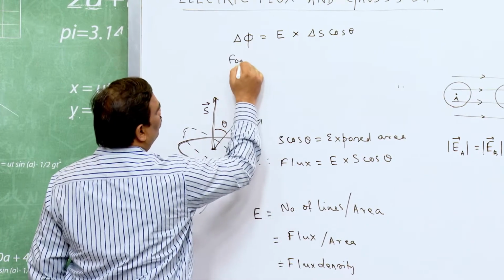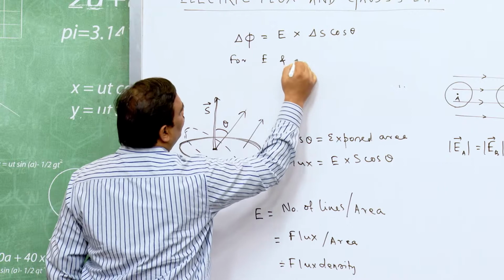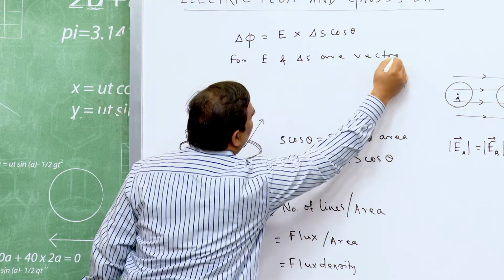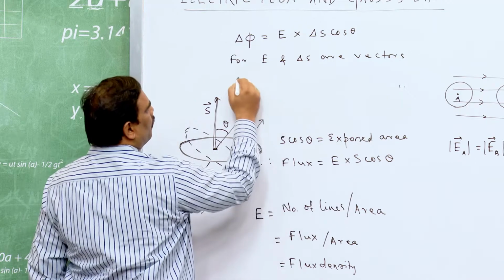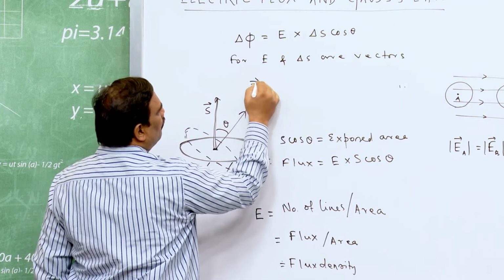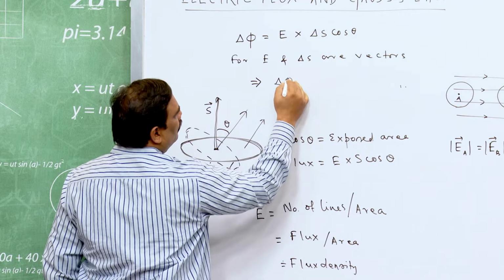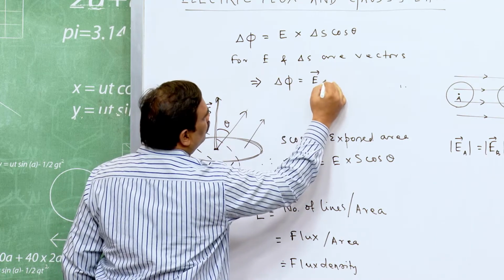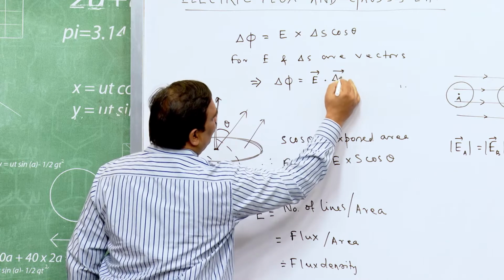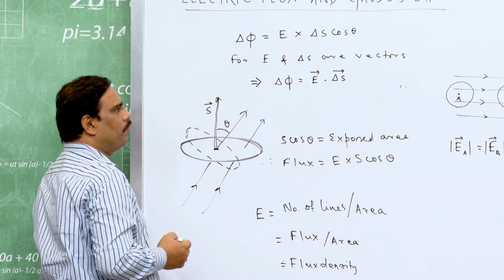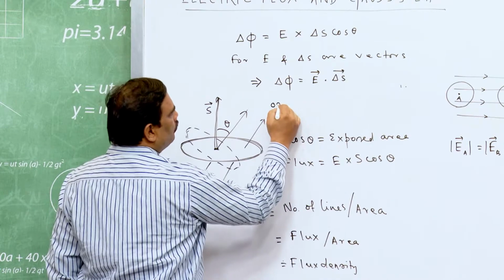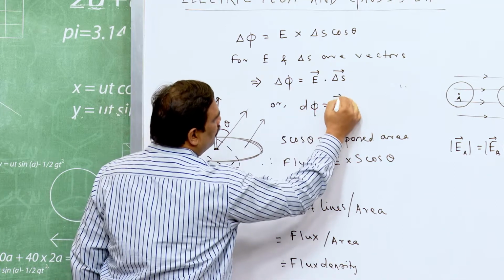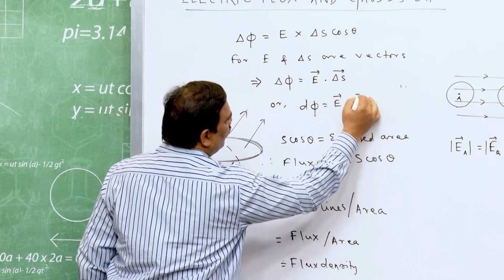For E and delta S as vectors, this implies delta phi equal to E dot delta S, or d phi is E dot dS.